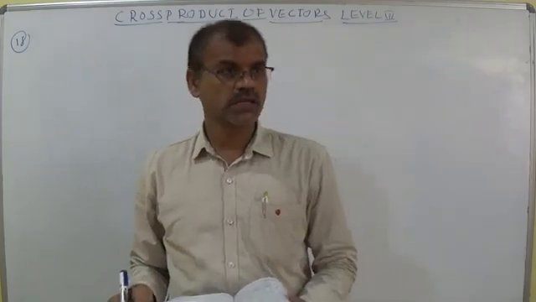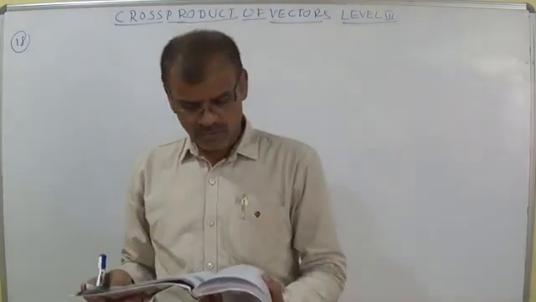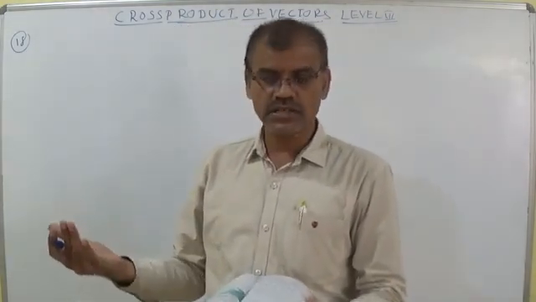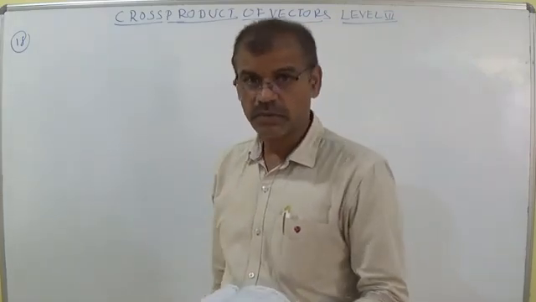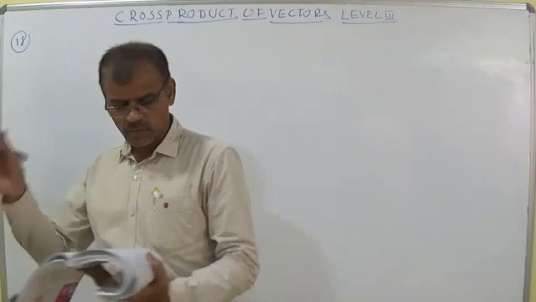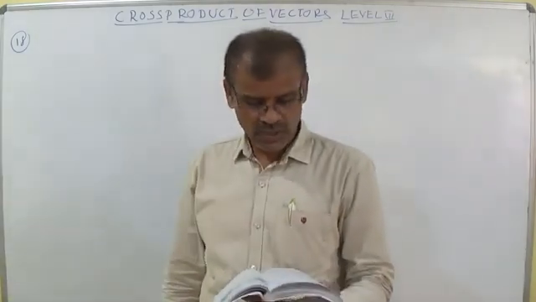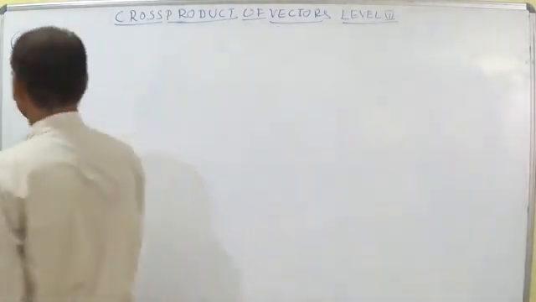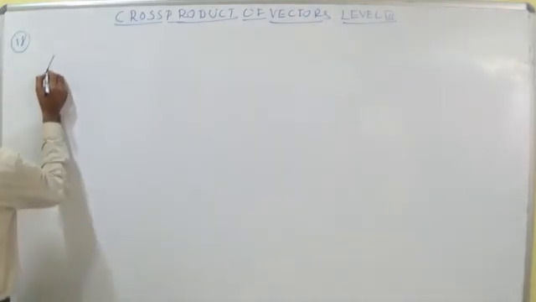18th one, given a non-zero vector A bar parallel to the line of intersection of the plane determined by the vectors i, i plus j, and the plane determined by the vectors i minus j, j plus k. So 2 planes are there.